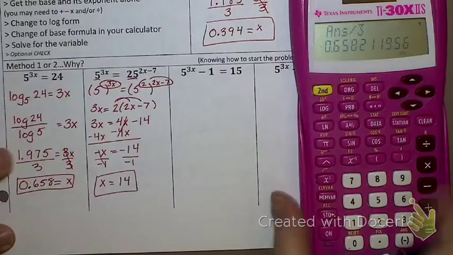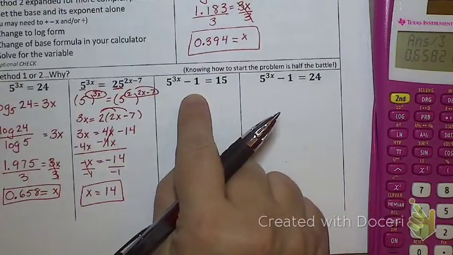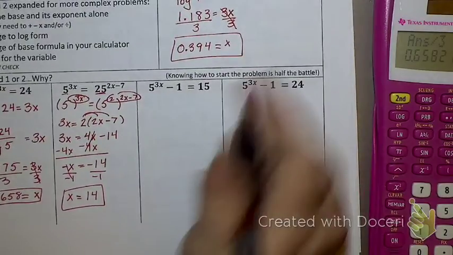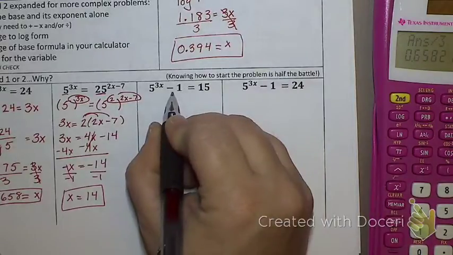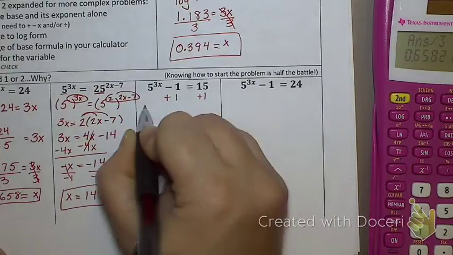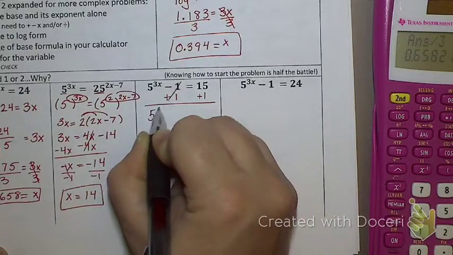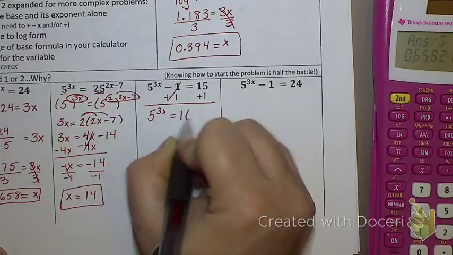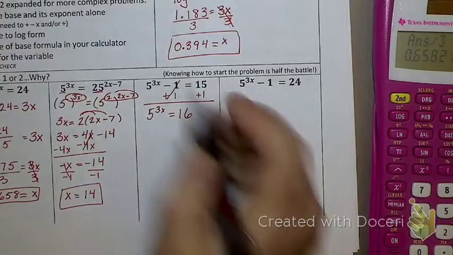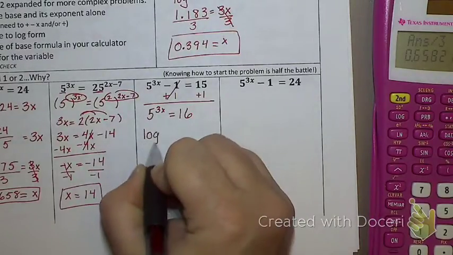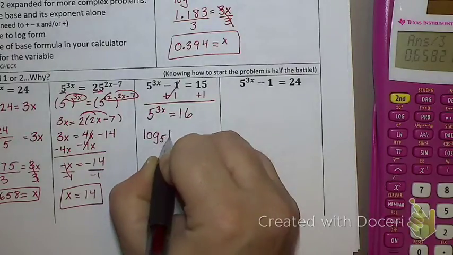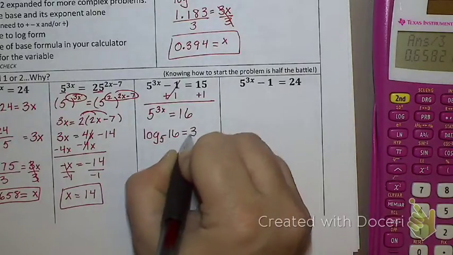Okay. All right, what about this one? Well, let's get the exponent by itself first before we decide. Let's move that 1. 5 to the 3x equals 16. Can I write 5 and 16 with common bases? No. So we have to go to log form. Log base what? Base 5 of 16 equals 3x.